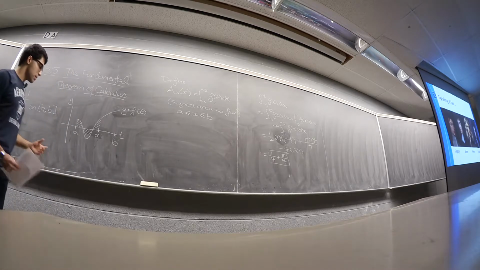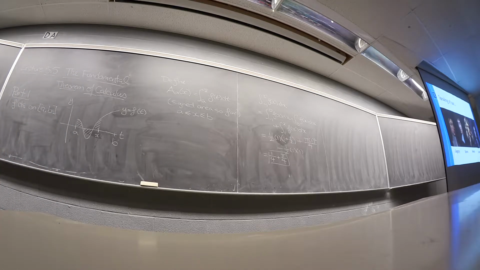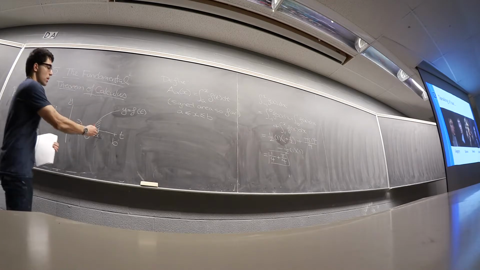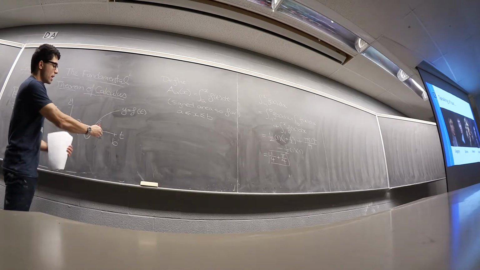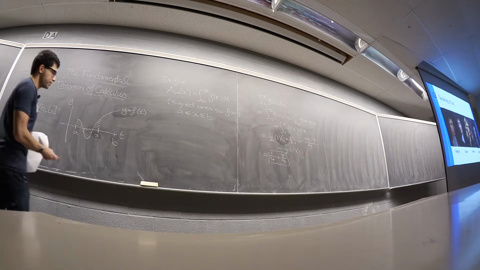Okay, what happens if we colored, okay. All right, so what happens if we step forward a bit? So we step forward a tiny bit h. Let's see what happens.